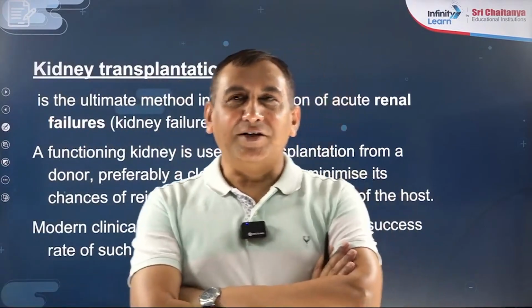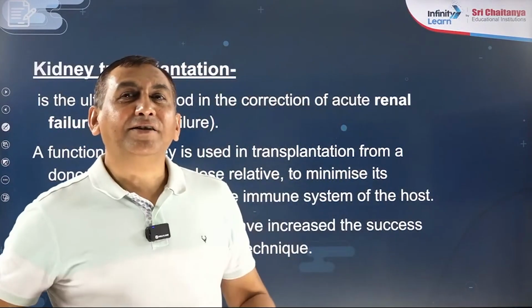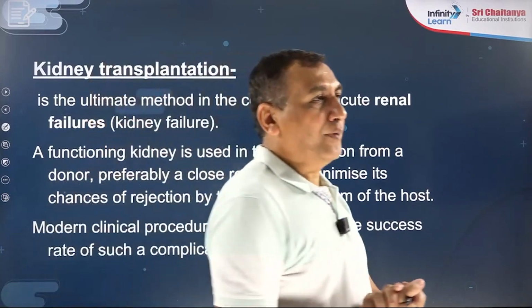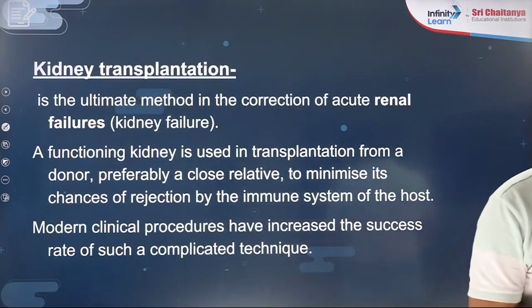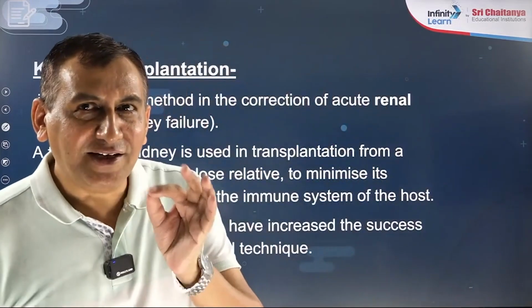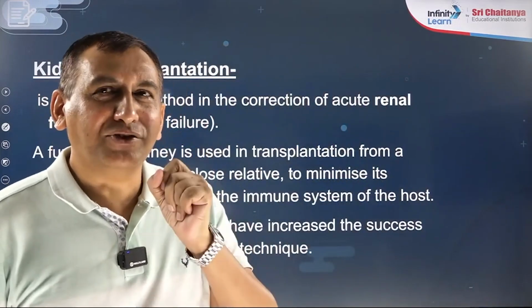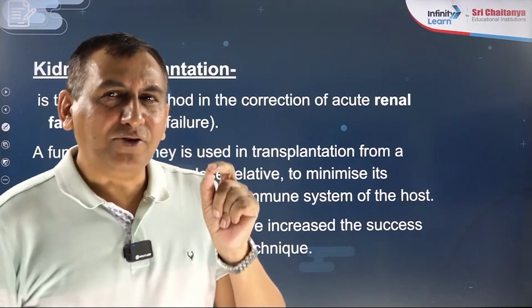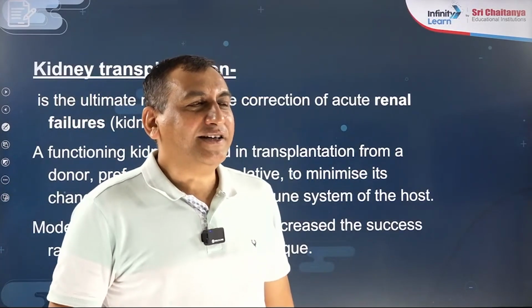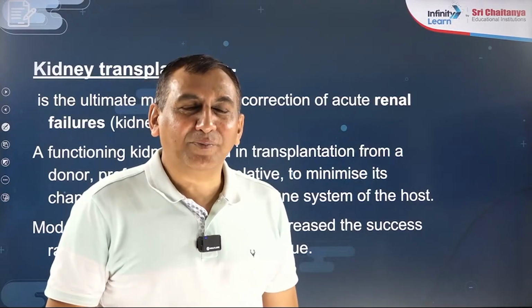Whenever the two kidneys of a person are not functioning properly, we take the kidney of one healthy person. So tell me the answer to one question: a person who went for kidney transplantation, how many kidneys are present in the body of that person?